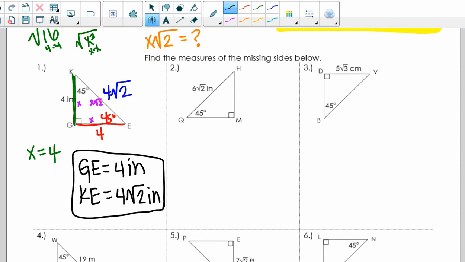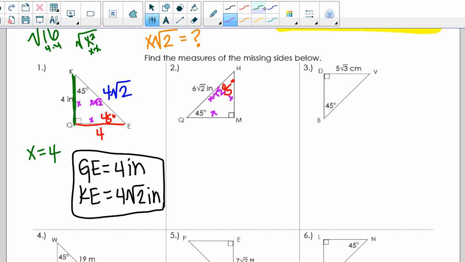If you look at number 2, we have 45 here, so we also have 45 here. Then I go through and label my relationships. This is x, this is x, and my hypotenuse is always x radical 2.